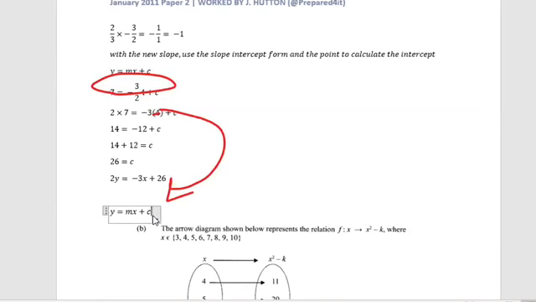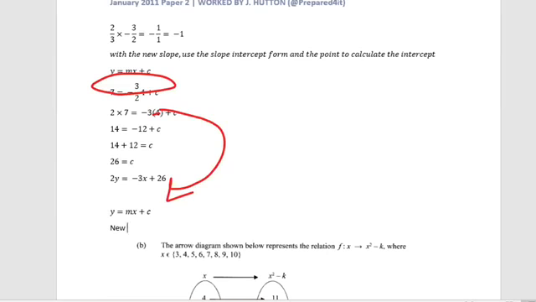For a perpendicular line, the slopes must be the opposite reciprocal of each other. What we know, Whitney, is that the first slope was 2 over 3. So the new slope must be the opposite reciprocal.